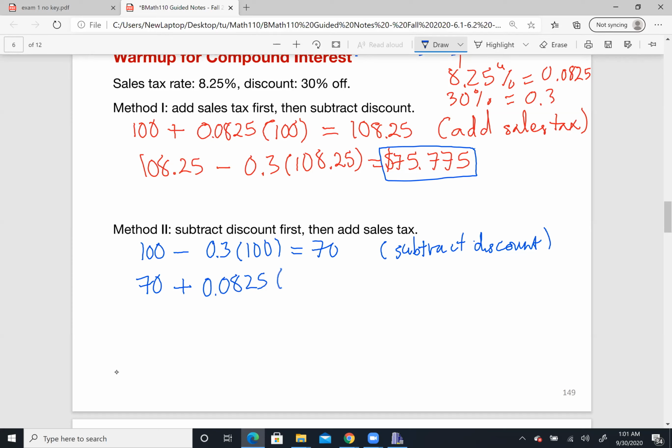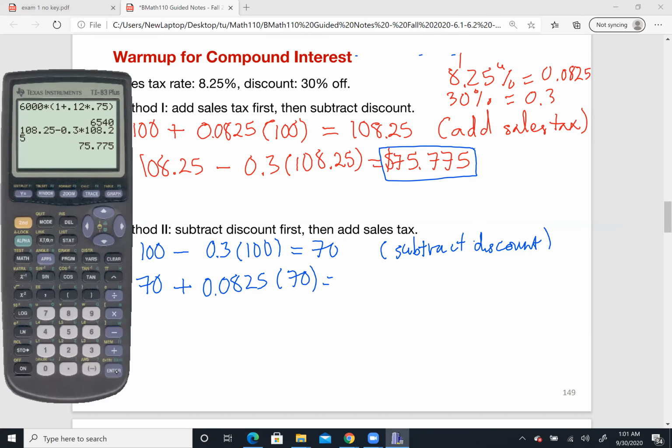So the sales tax was 0.0825 times 70. And now you will use the calculator: 70, and adding 0.0825 multiplied by 70. Okay, and in the end, you're going to have 75.775.